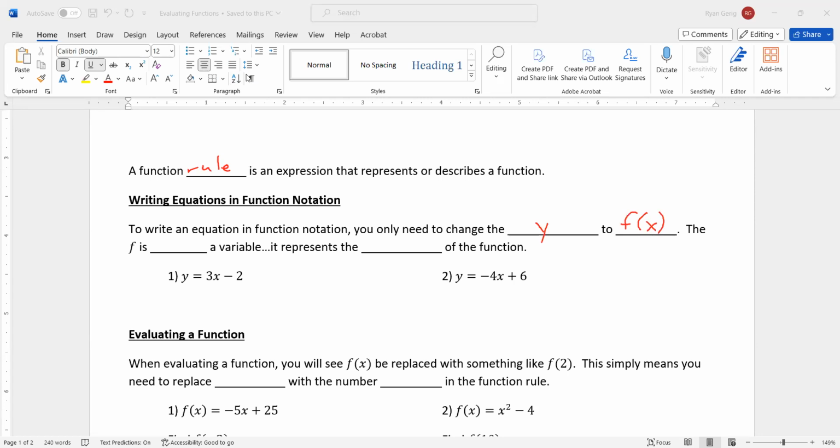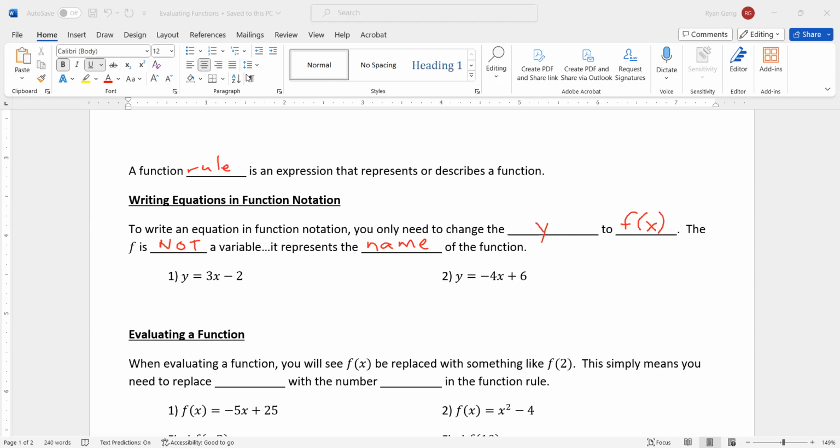Now, this is not a new variable. The f is not a variable. Please understand that. Whatever is there in front of the parentheses, it can be f, it could be g, it could be m, it could be w, it could be any letter. That's not a variable. It's the name of the function. That's all it is. It's representing a name.